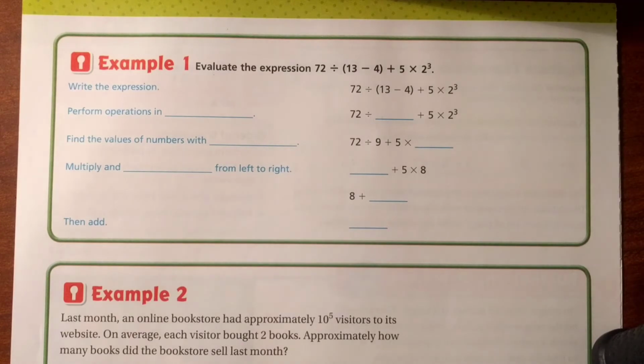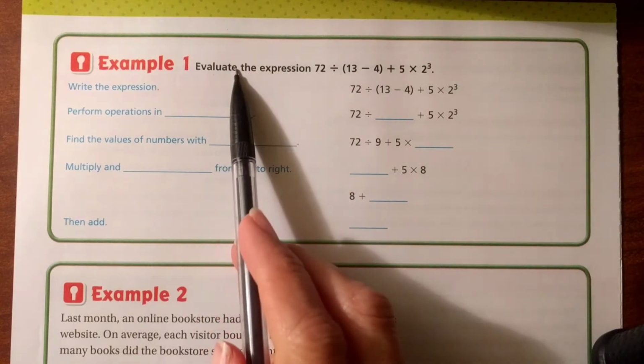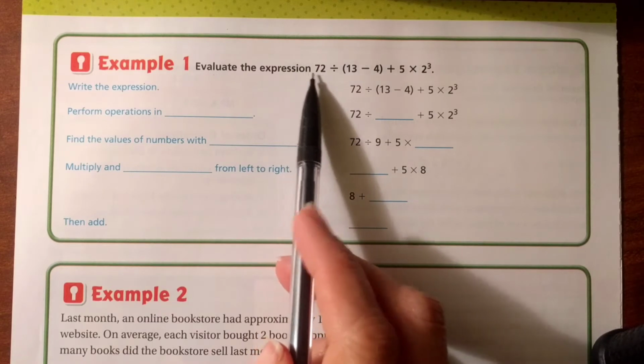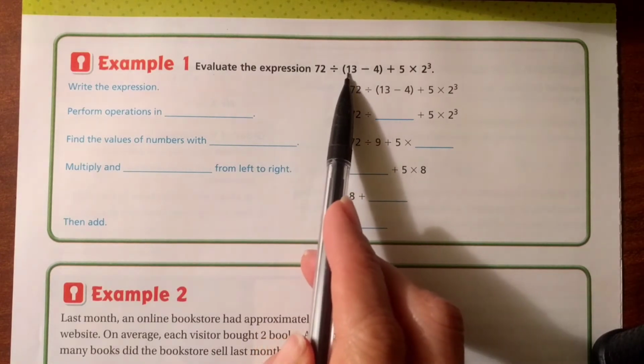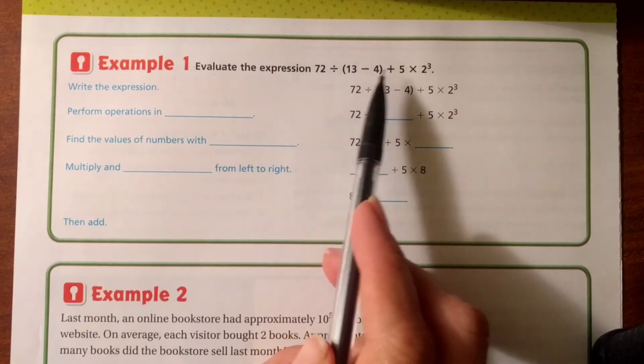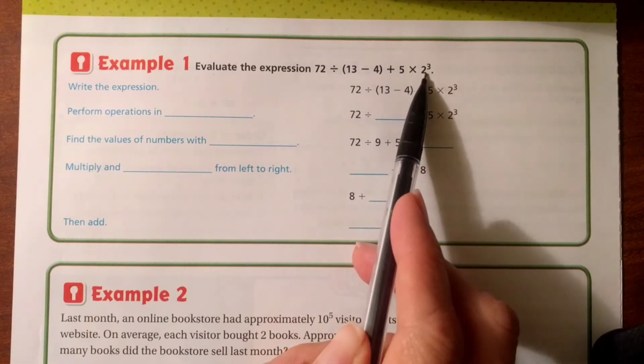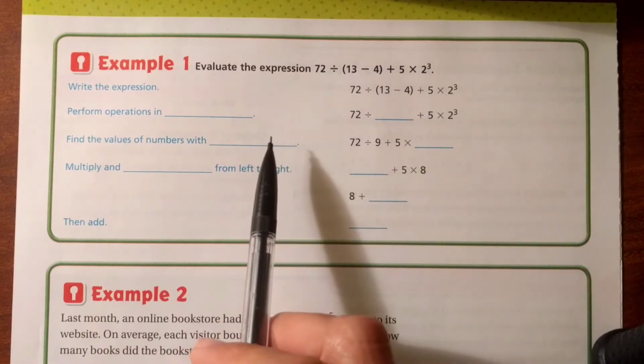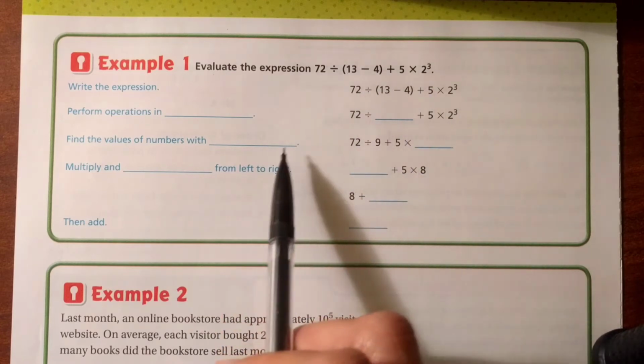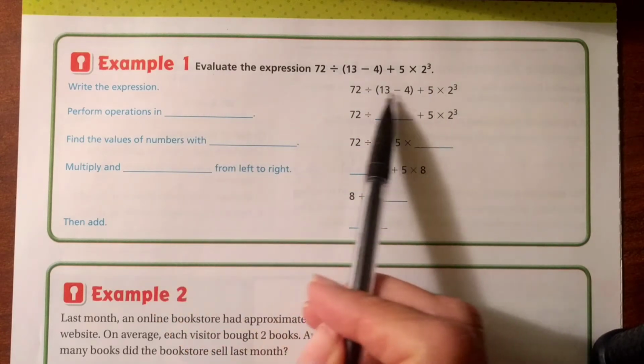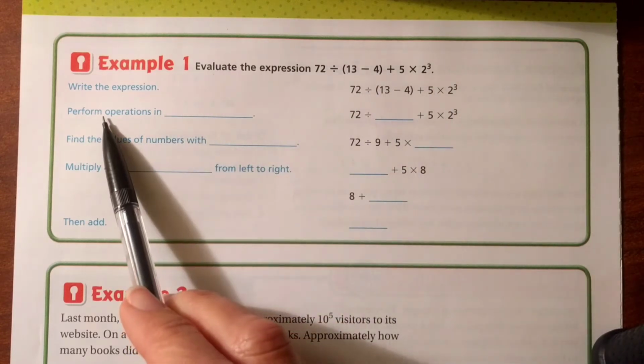On the next page, 266, evaluate this expression, 72 divided by the quantity 13 minus 4 plus 5 times 2 to the third power. So there's going to be a lot of steps here. So first we write out the expression, which they did for us.